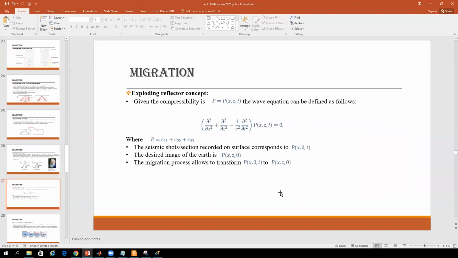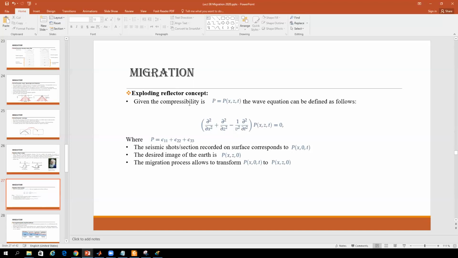And if we trust and assume that the exploding reflector theory is correct, then the migration will be nothing but a wave equation solution. How is that? This is the wave equation as it is known from other sciences, not only in seismic, but from physics, from electromagnetism, from magnetism.